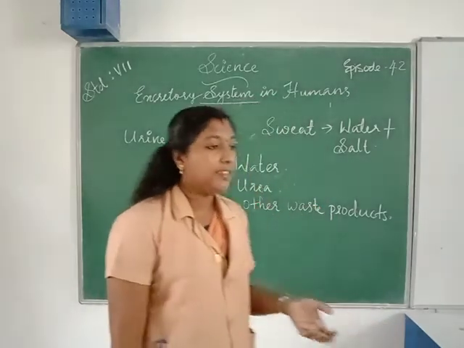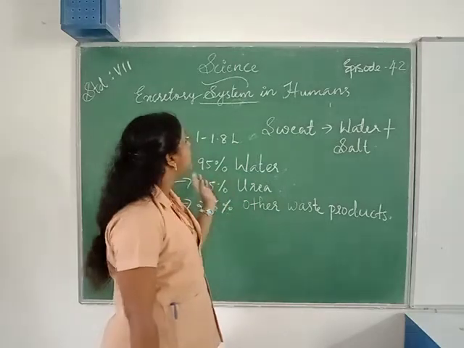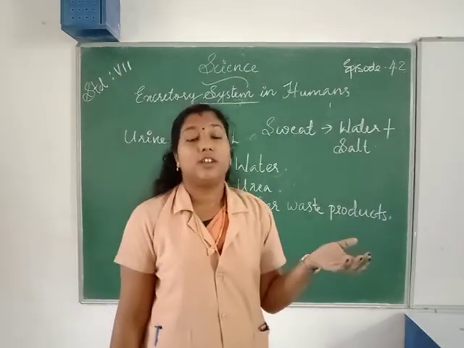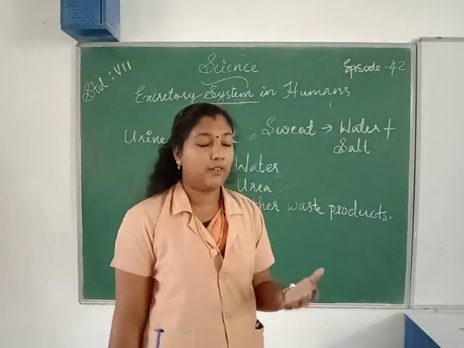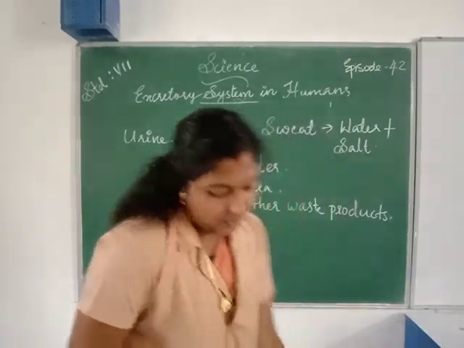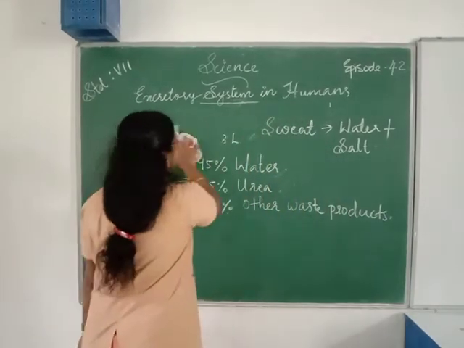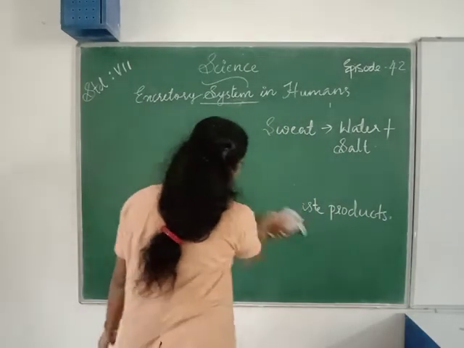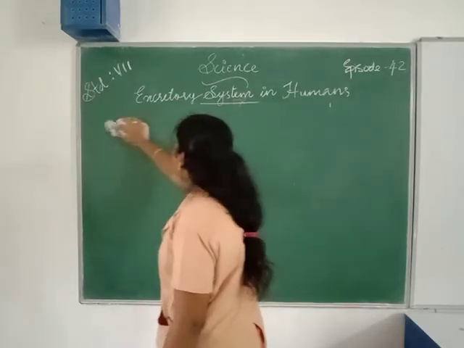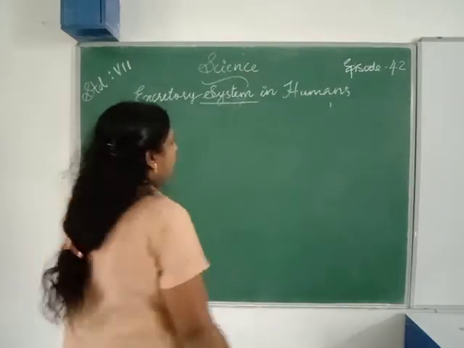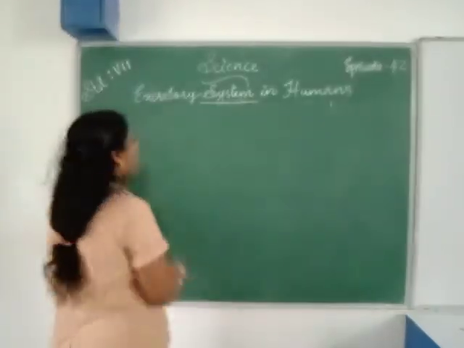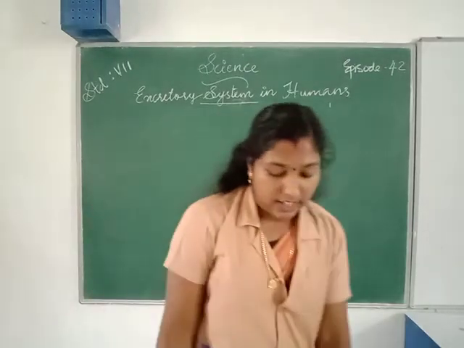Like human beings, some animals also excrete their waste. For example, aquatic organisms like fish also excrete their body waste into the water itself.